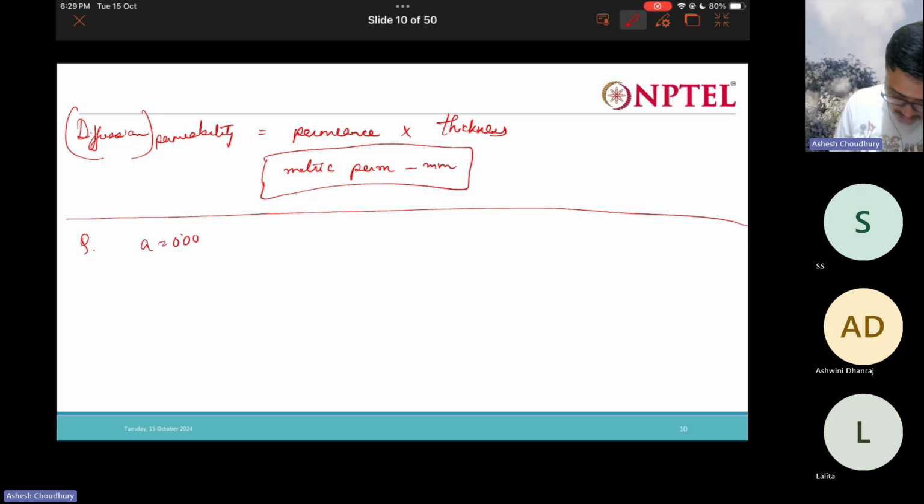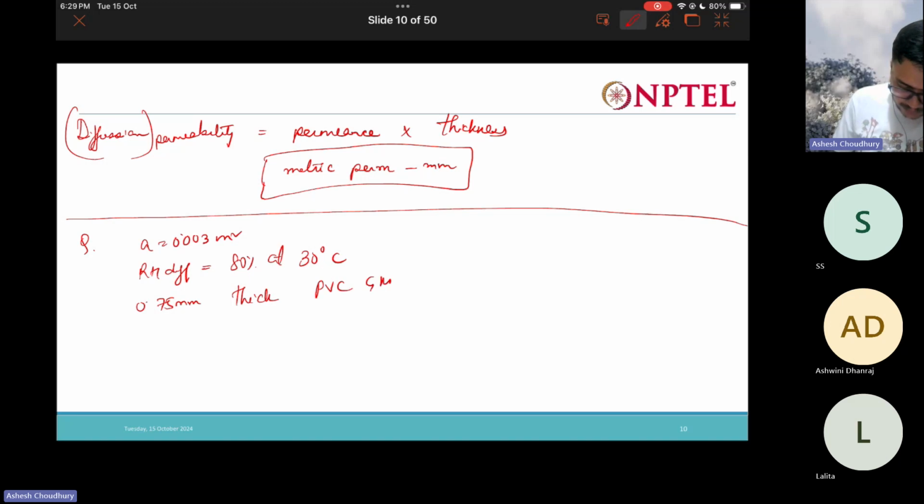Area 0.003 meter square. RH difference is 80% at 30 degrees. 0.75 mm thick PVC geomembrane.